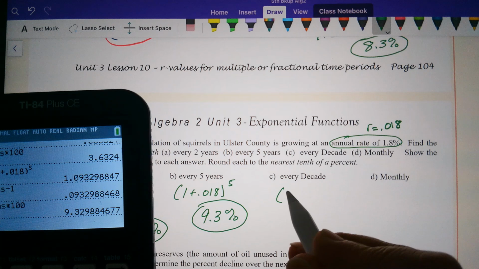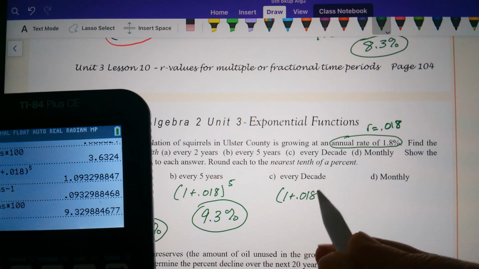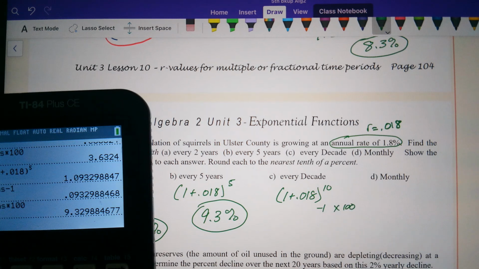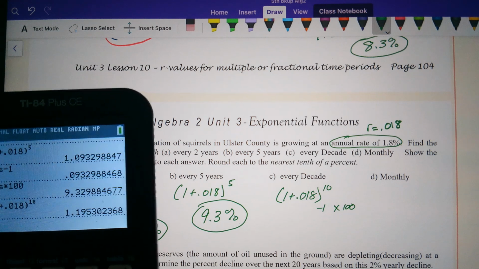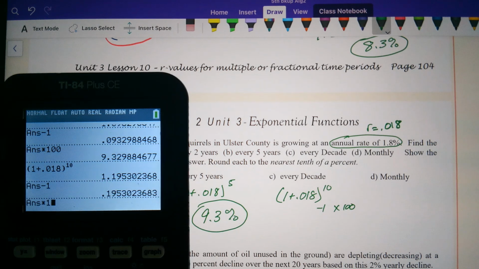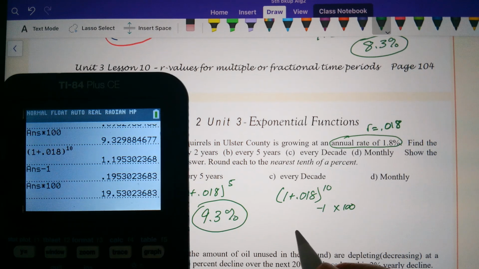Every decade, we take our annual, raise it to the power of 10, minus 1, times by 100. 19.5%.